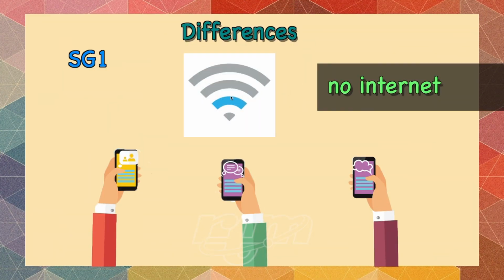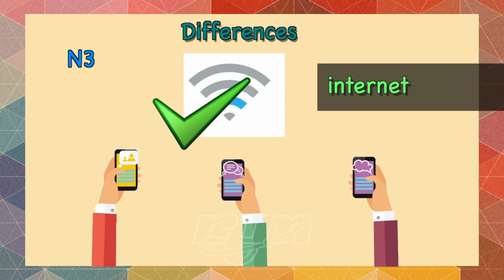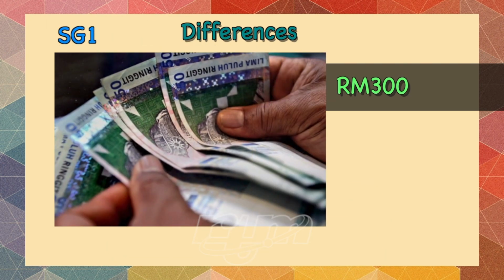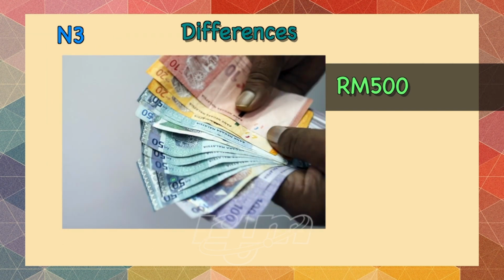Now, there are 3 differences with the phones. The SG1 cannot connect to the internet, like the N3. The SG1 costs 300 ringgit, while the N3 costs 500 ringgit.